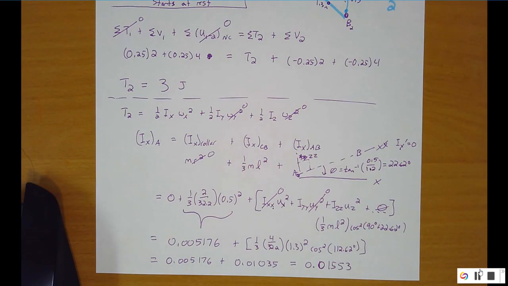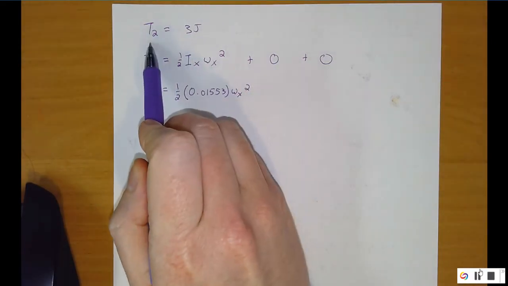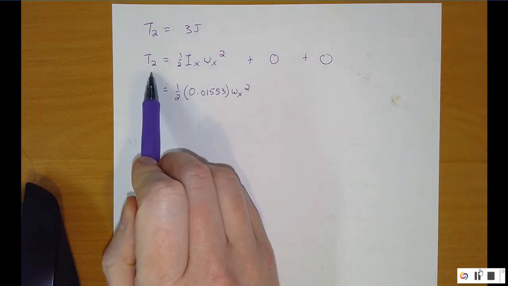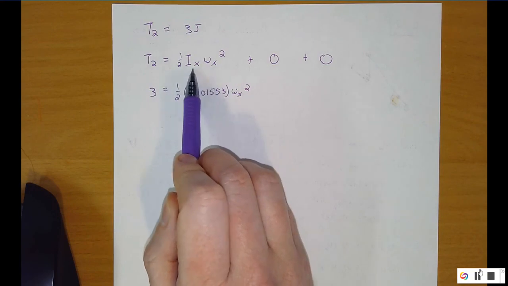Alright, so I'm going to copy some of this back to the back of the page so we can finish solving this. Alright, so we used conservation of energy. We found that T2 was 3 joules. Then we wanted to figure out how that 3 joules related back to our omegas. So we had Ixx omega x, Iyy omega y, Izz omega z.